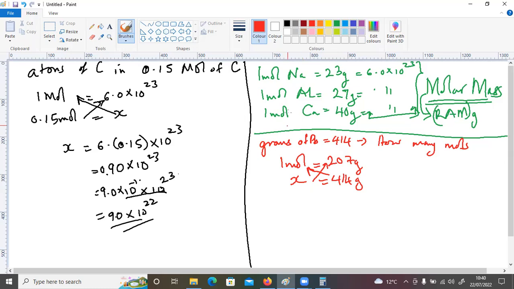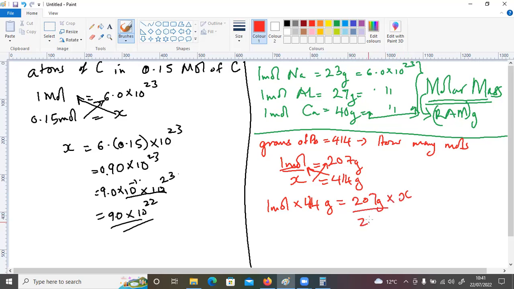And what do I mean? That I'm saying that 1 mole of lead is equal to the mass which contains its Avogadro's number, which happens to be its relative atomic mass in grams, which is 207 grams. So we do some cross multiplication. We are going to get 1 mole times 414 grams is equal to 207 grams multiplied by x.